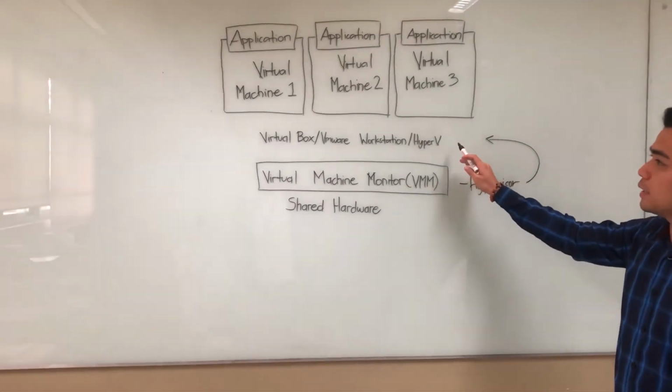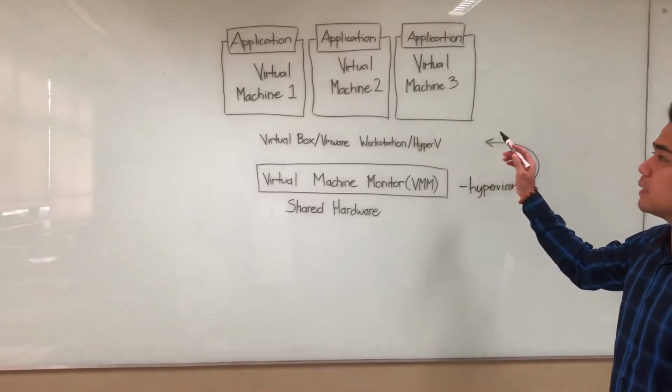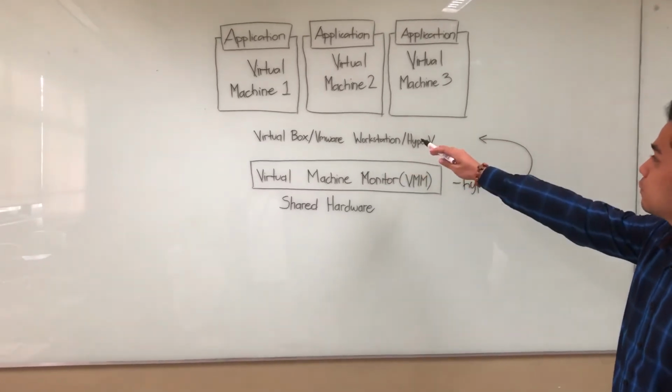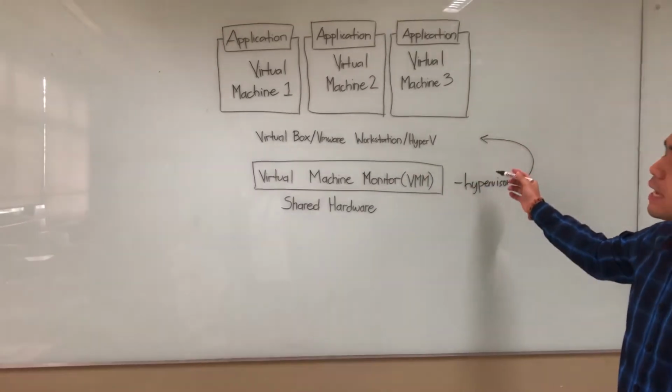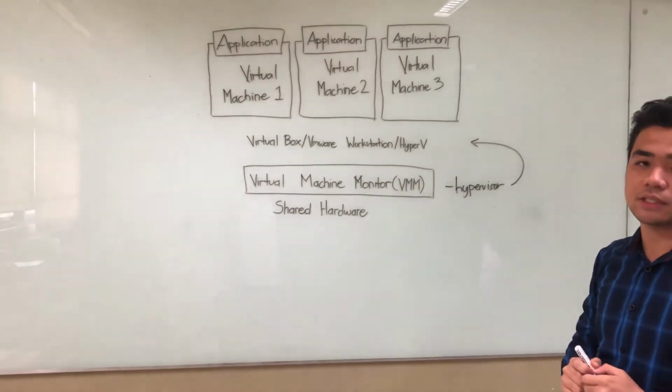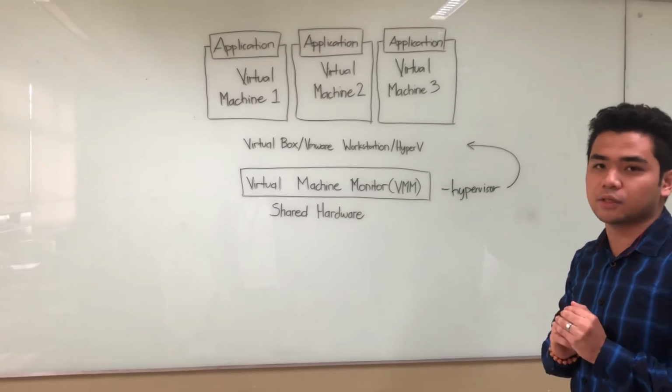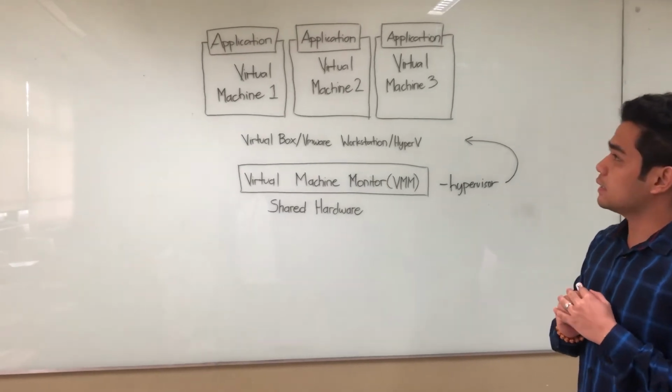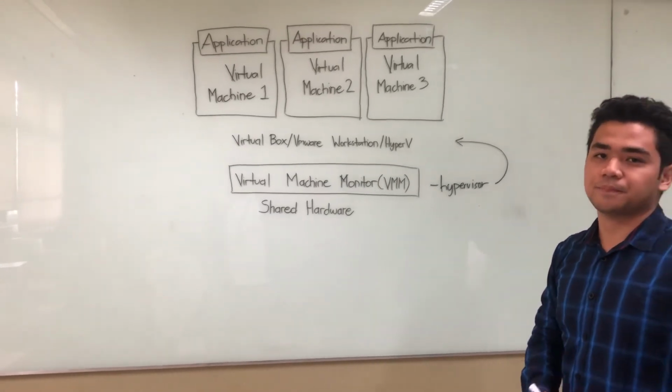And with this hardware, we can install different virtual machines like Virtual Machine 1, Virtual Machine 2, Virtual Machine 3. And with these virtual machines, we can install different applications that we can install in a computer and use in the operating system.